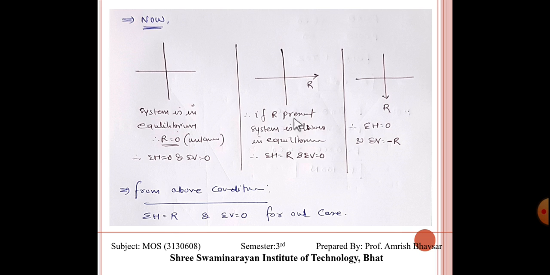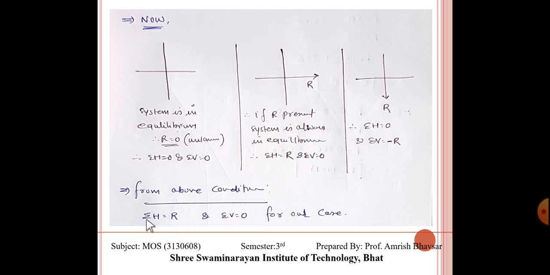But we have to consider this R in sigma h and sigma v. Here R is given in the positive horizontal direction. So sigma h is equal to positive R, but sigma v is 0. If R is given downward, then sigma h is 0, but sigma v is equal to minus R, because it is in the minus y direction.